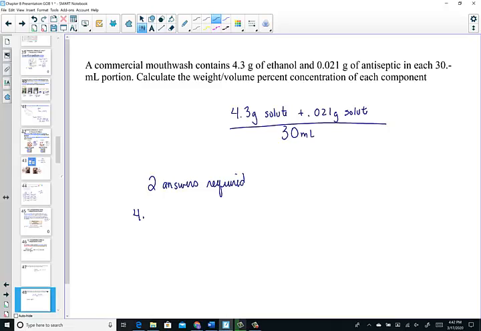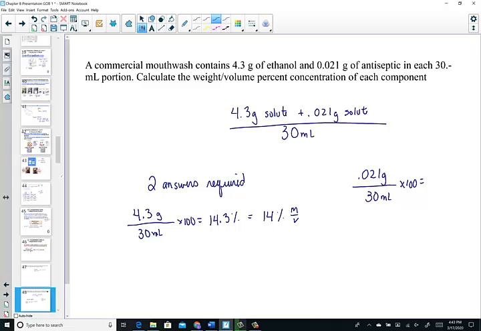So the first solute would be 4.3 grams over the 30 mils expressed as a percent, and that would come out to be 4.3 divided by 30, and then I multiply by 100 to get my percent sign. It's 14.3. We should probably have 2 sig figs, so I'm going to put that as 14% mass by volume. And the second, 0.021 grams in that same 30 ml quantity expressed as a percent, and let me hit that with you.